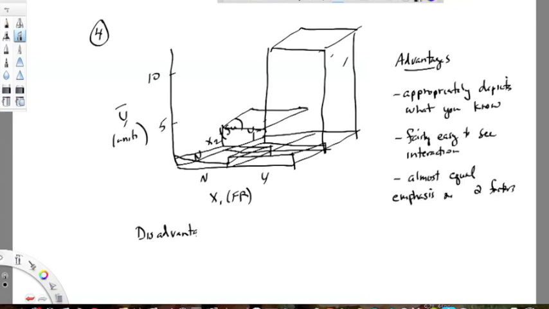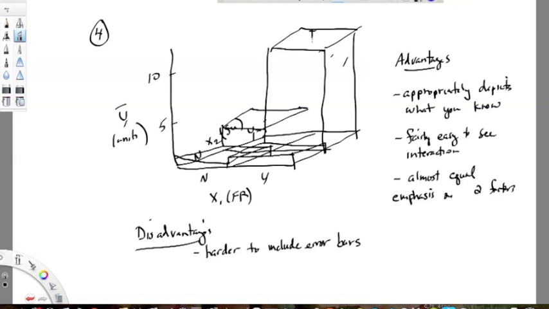and so it's more co-equal anyway than the other way of showing it. Of course, there are some disadvantages to this approach. Practically speaking, it's a little harder to include error bars. Whereas with the other approaches, you can just stick error bars on. Here, it's a little awkward. I mean, you could put it in the middle, right?